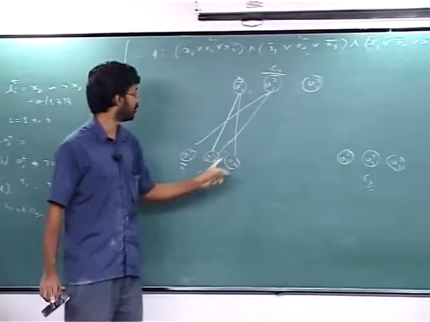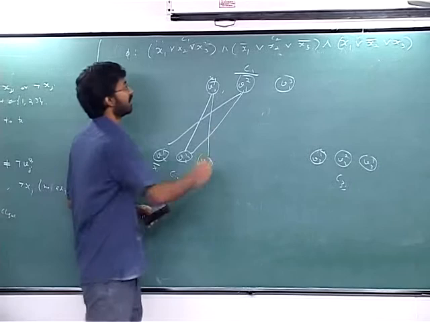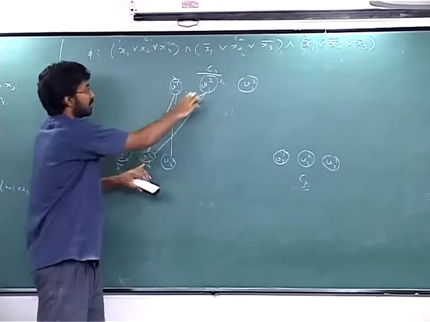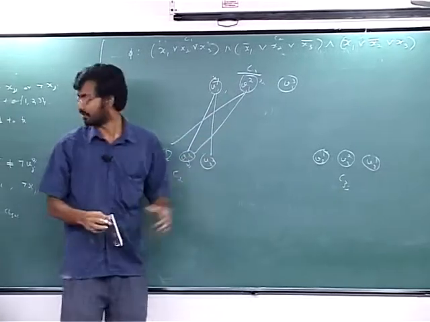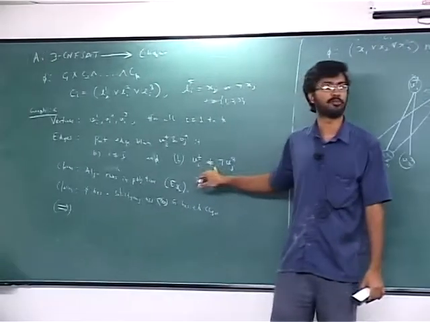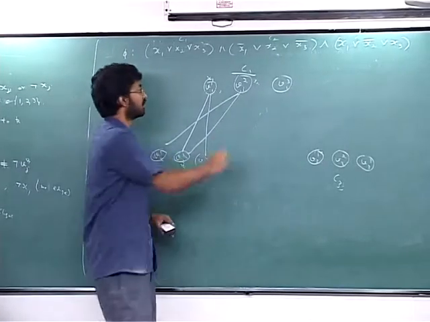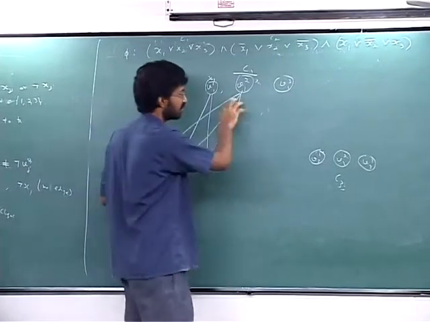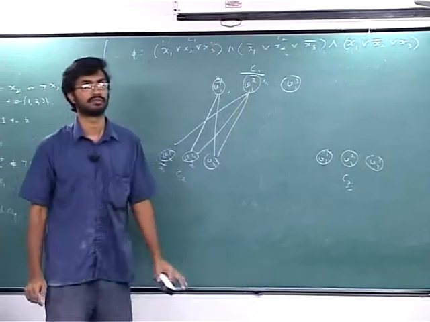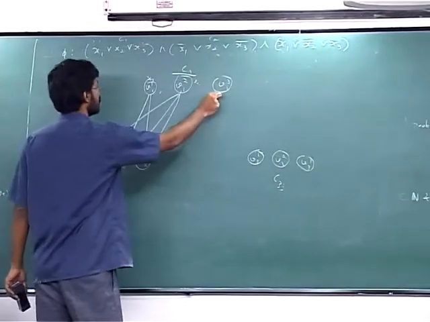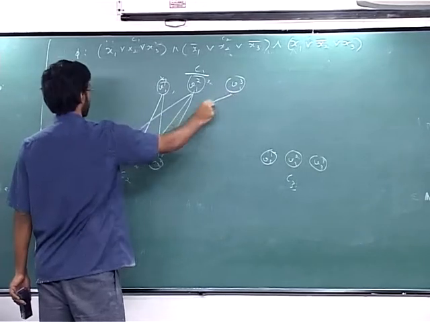So we put an edge between V11 and V22, even though both are x2. It satisfies both the conditions because one is not a complement of the other, and they come from different clauses. So we'll put an edge like this, and similarly we can draw like this. So again this will be allowed.